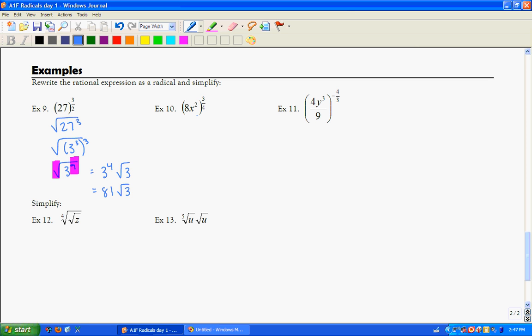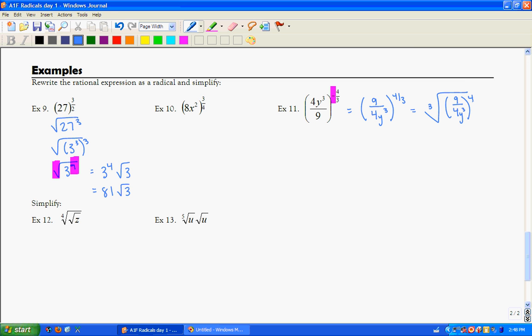Example 11 is a little bit sketchy because we have a negative sign also in the exponent with a fraction. So remember, negatives mean to take the reciprocal, so 9 over 4y cubed to the 4/3. And then we can switch that to the cube root of 9 over 4y cubed to the 4th.